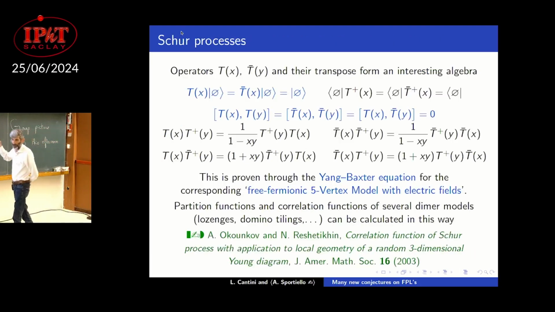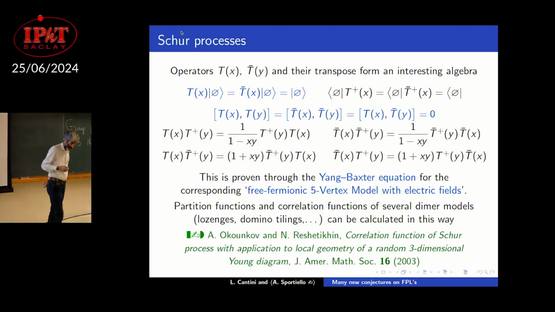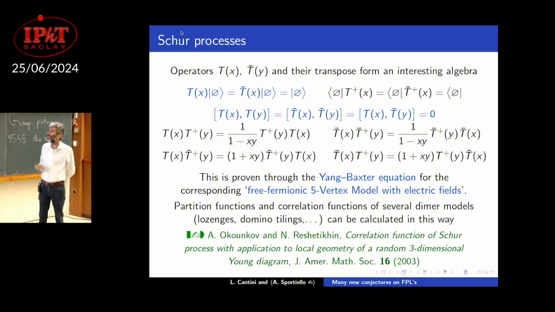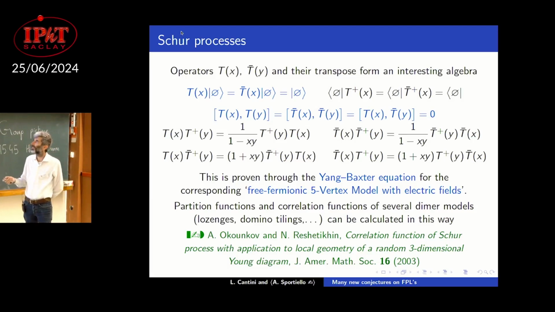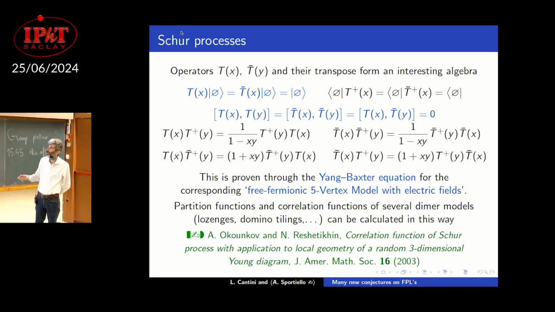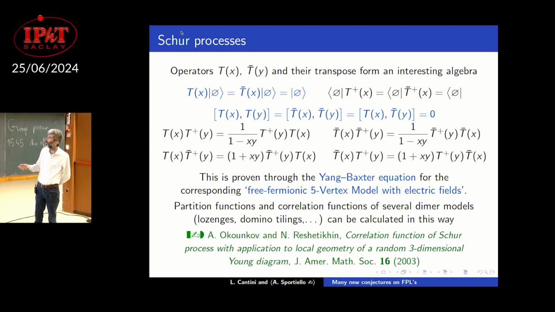This fact is well known, of course, and has led, among other things, to the famous analysis of Schur processes. What I want you to retain from this is that t and t bar acting on the appropriate empty integer partition give the empty integer partition, and the t's and t bars commute. They actually have these other interesting commutation relations which are at the basis of the Cauchy and dual Cauchy identities, but I will not talk about this much today.